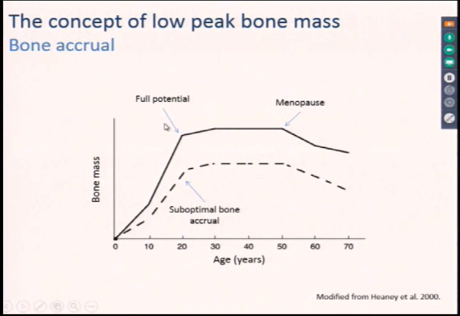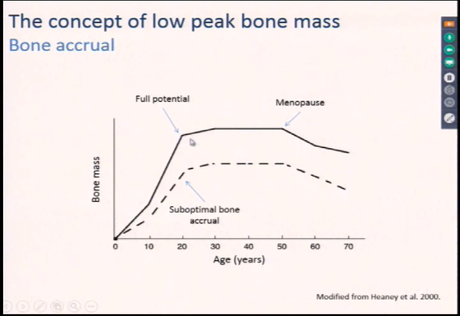And we have a general sense for what peak bone mass is per sex, per race. So we know, say, what a black male at the age of 20, what his bone density should look like, and what bone density a healthy white female should have by the age of 20. So we have normative data for different races and the different sexes.